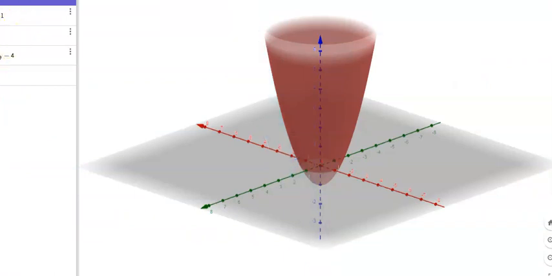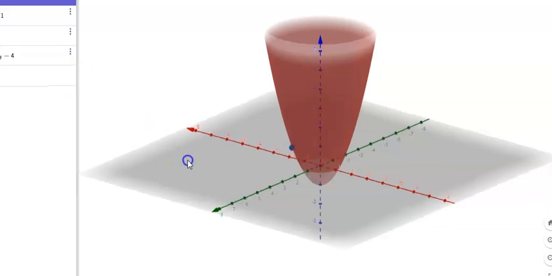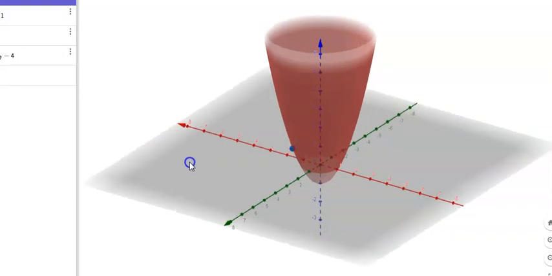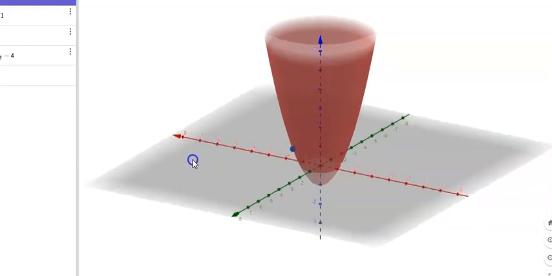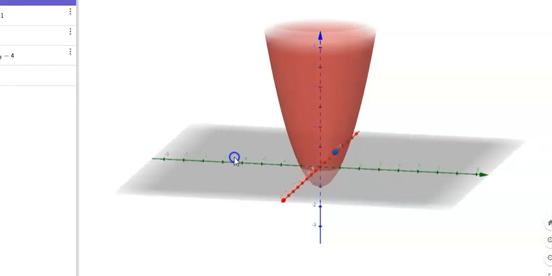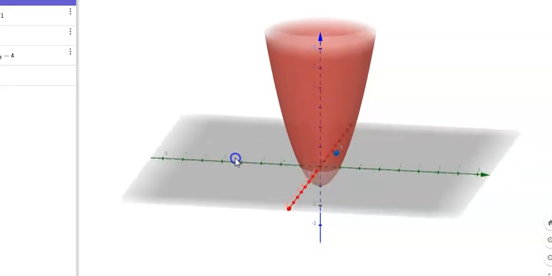this is the graph. And if I plot the point 1, 1, 1, it's right there. That's x and y, so there. X, y, and z, 1, 1, 1.